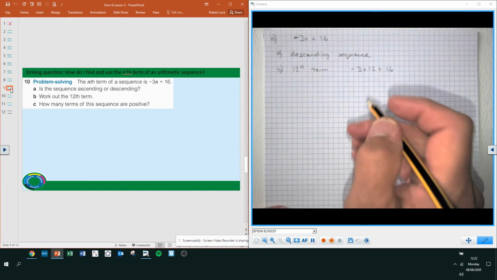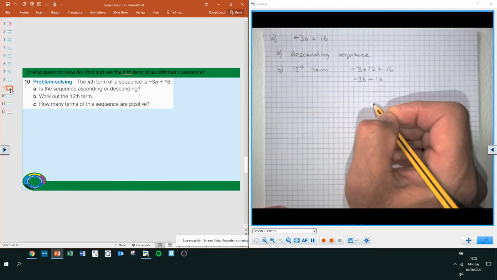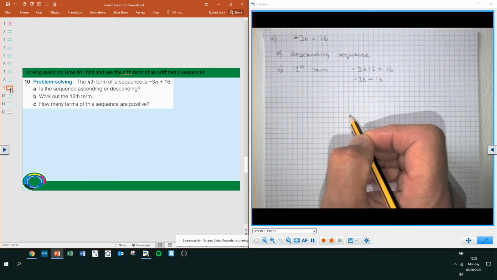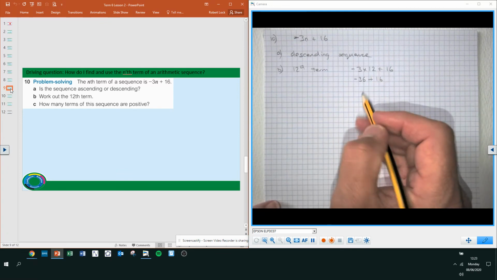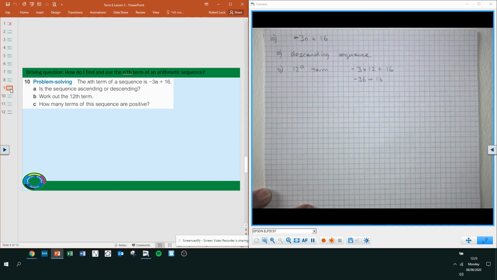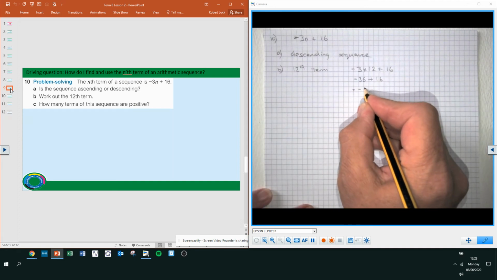Because it's a minus, it'll be minus 36. Minus 36 plus 16. If we're taking 16 away from 36, we end up with 20. So minus 36, right down the bottom, adding 16 on. The answer is minus 20.